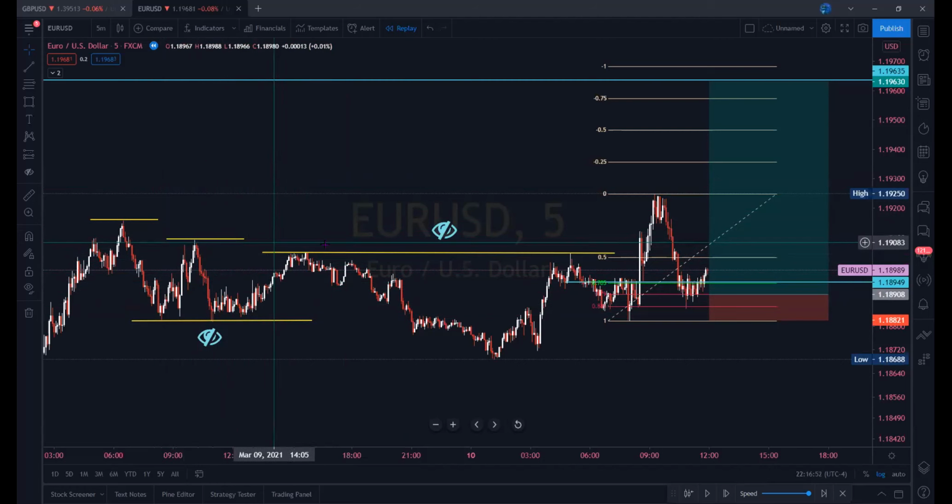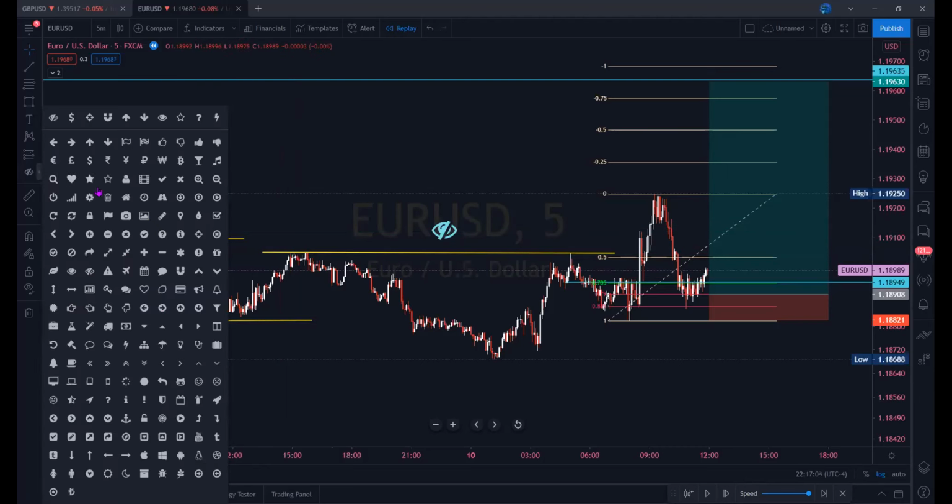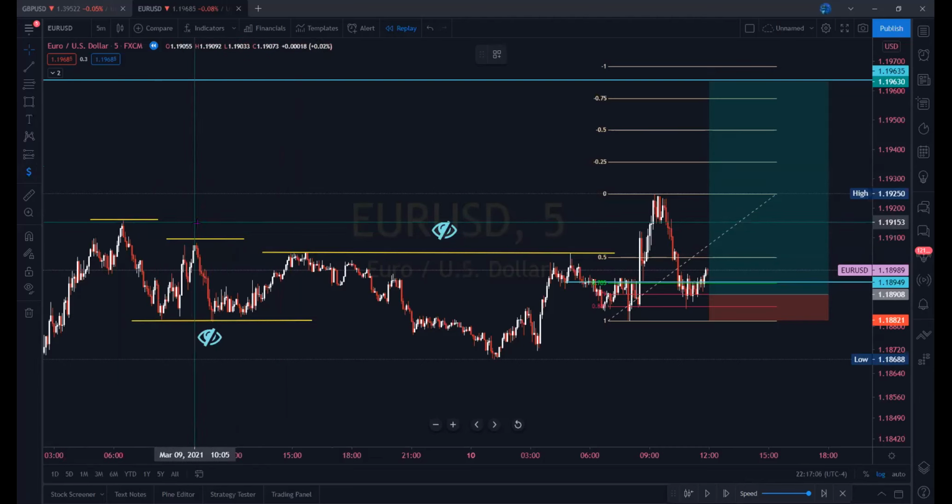Some of them that really got the snipe didn't get taken out. So there is still active liquidity here. It might have been mitigated, but it's still an active high, so yes, you have liquidity.